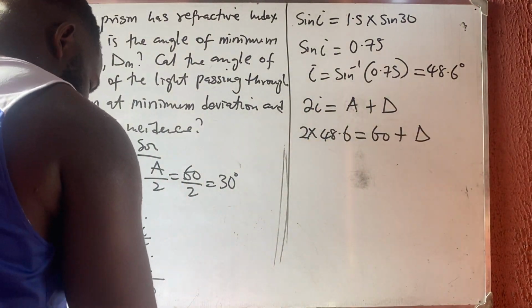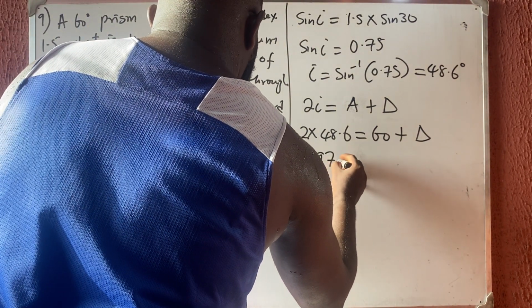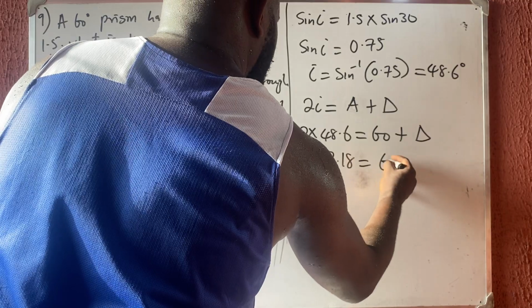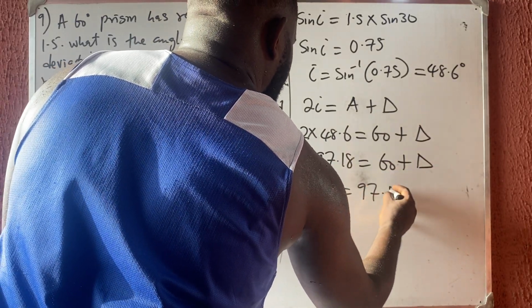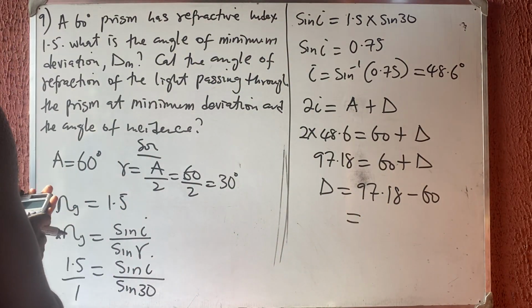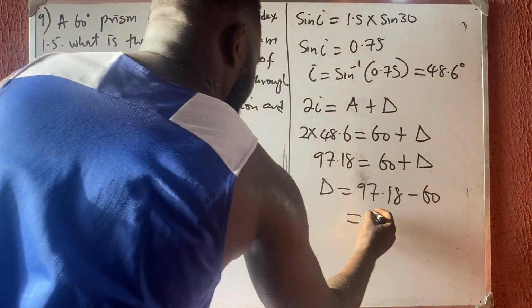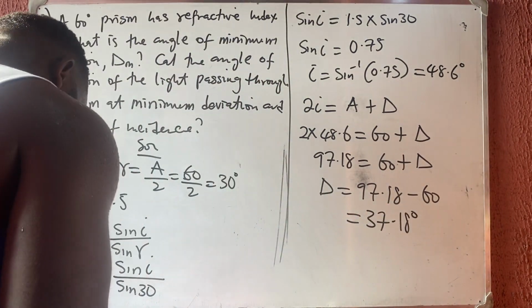So I have this answer times 2, which gives 97.18, is equal to 60 plus D. So my D will now be 97.18 minus 60, which will give you 37.18 degrees.